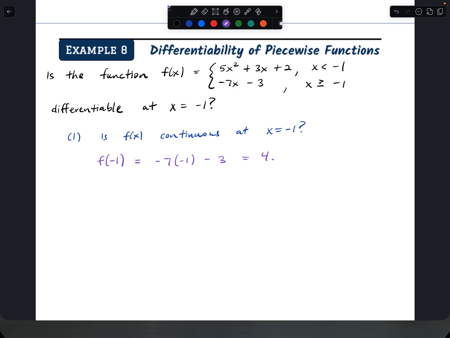Next thing you have to show is the limit as x approaches -1 from the left of f of x equals the limit as x approaches -1 from the right of f of x.